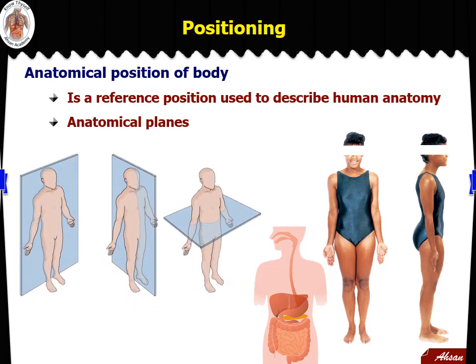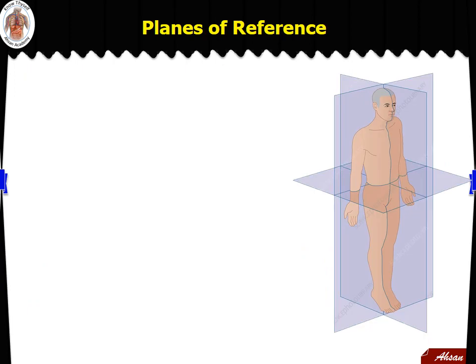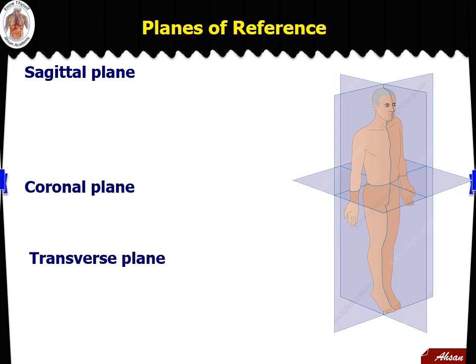So those are known as planes. That's an imaginary plane that divides the body into different component parts. So we use the reference planes for explaining the anatomical structures.